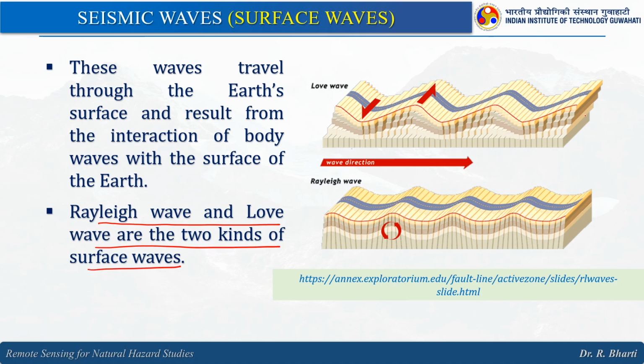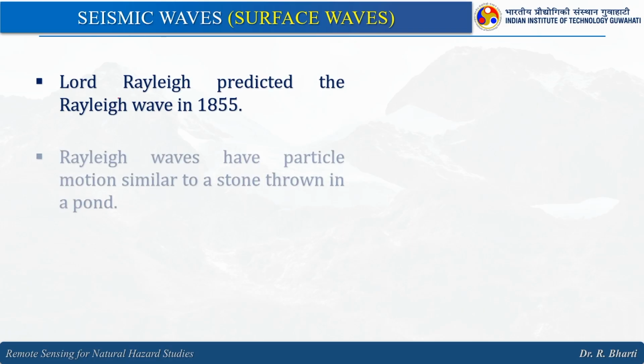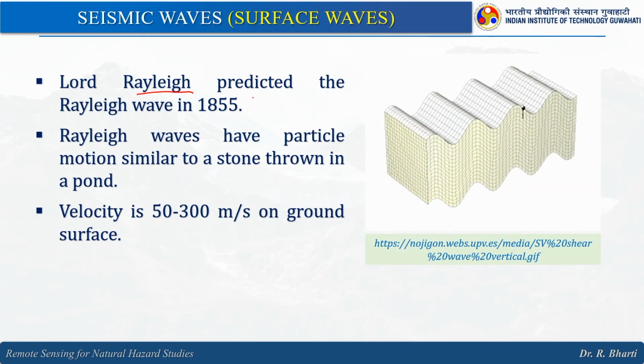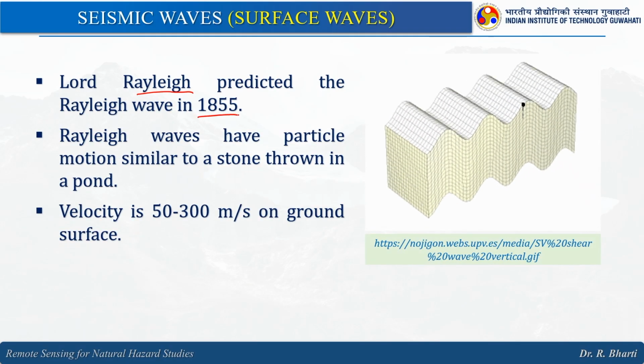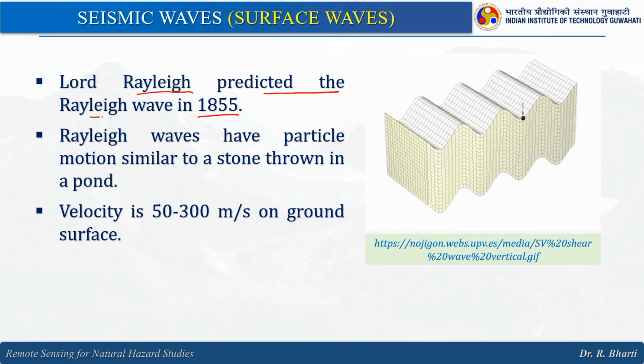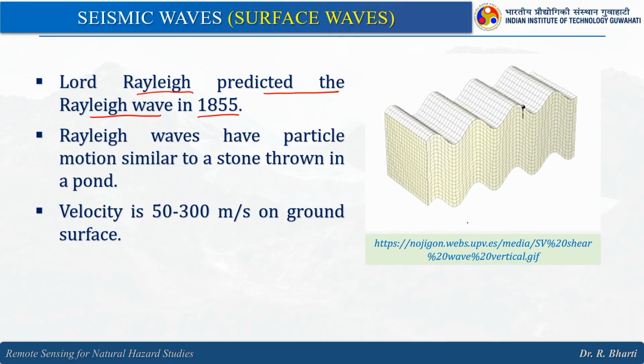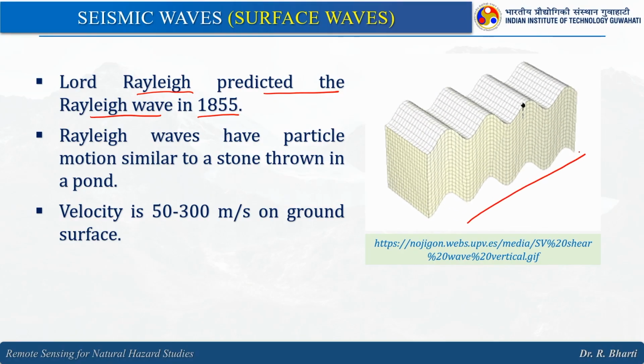So, here you can see how the Love wave and Rayleigh wave propagate. Here you can see this is the direction, and here it is in this direction. Lord Rayleigh was the first one, in 1855, who predicted the Rayleigh wave, and this is how the Rayleigh wave propagates.